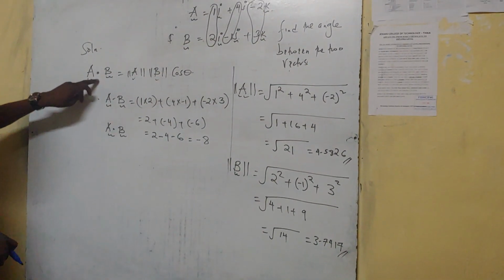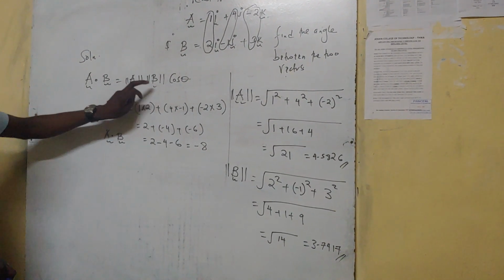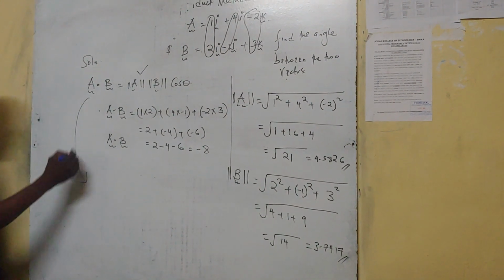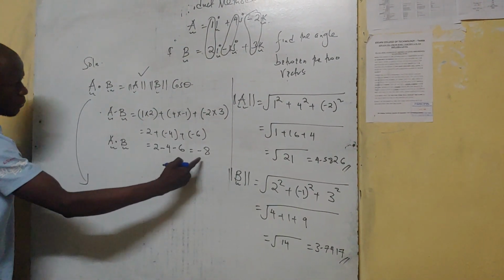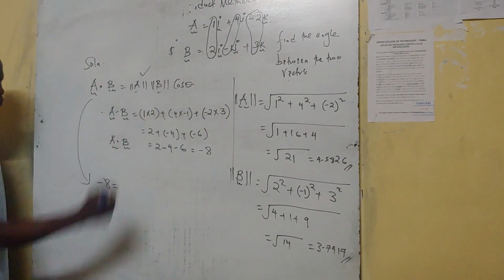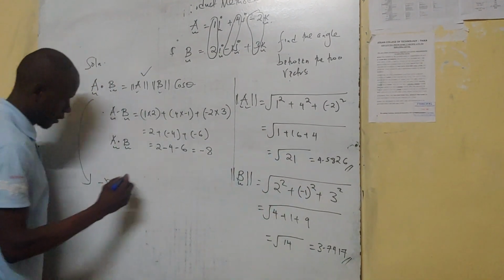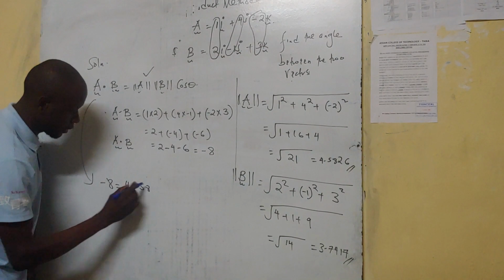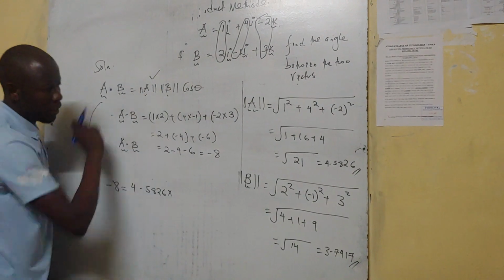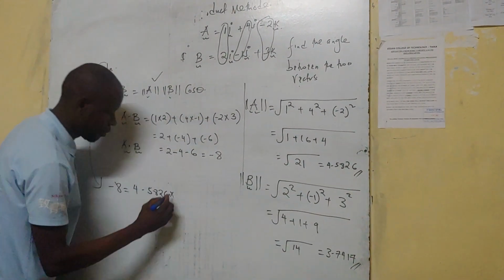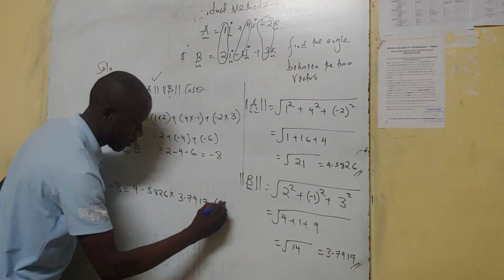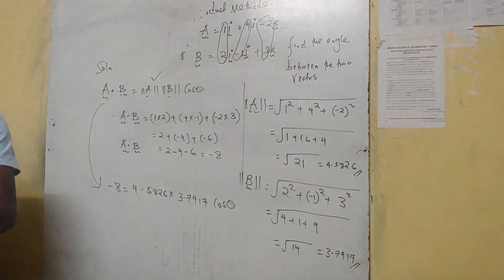We have gotten A dot B, we have A magnitude, and B magnitude. All those things can be substituted in this formula. So we have A dot B, which is negative 8, should be equal to A magnitude, which we have found as 4.5826, multiplied by B magnitude, which we have found is 3.7417, then finally cos theta, which we can now solve.